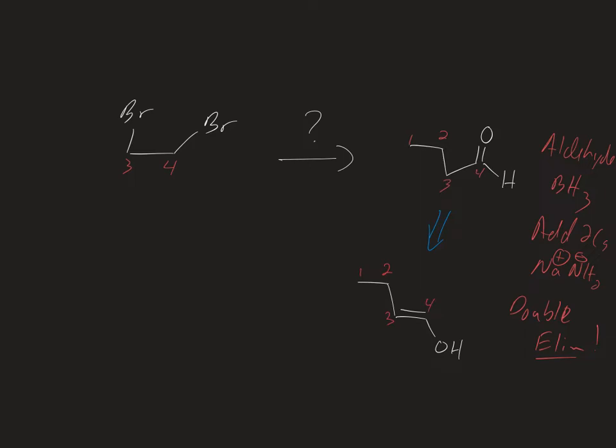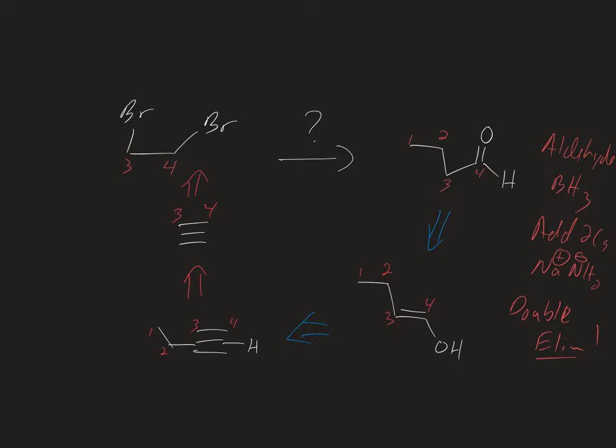The enol came from an alkyne that goes between 3 and 4. 1, 2, 3, 4. This came from a different alkyne that had carbon 3 and 4, and that came from that.